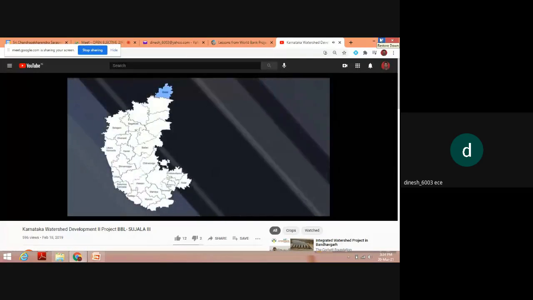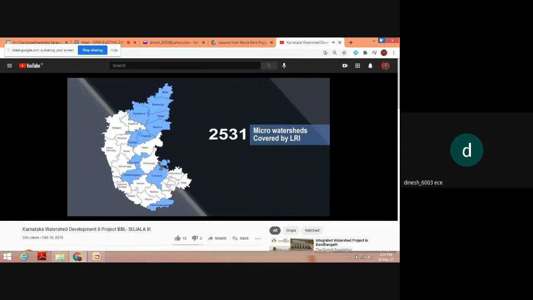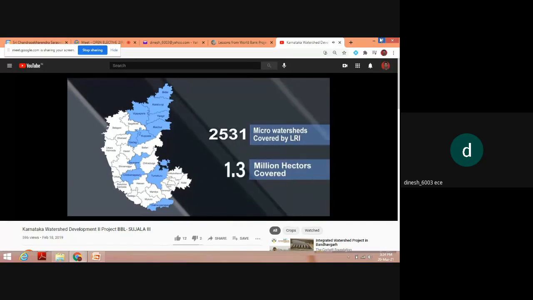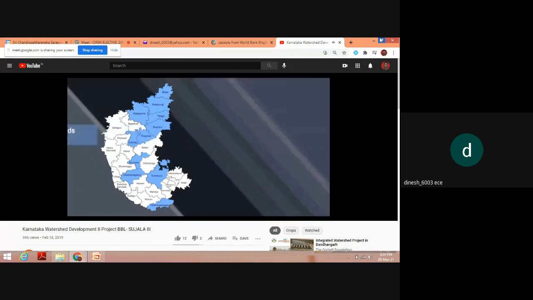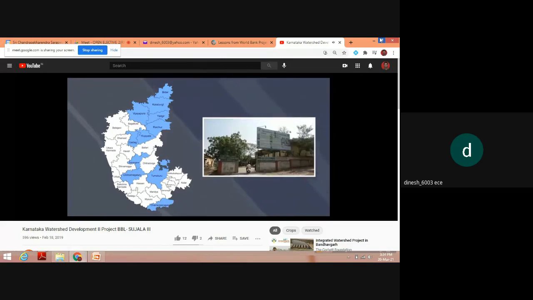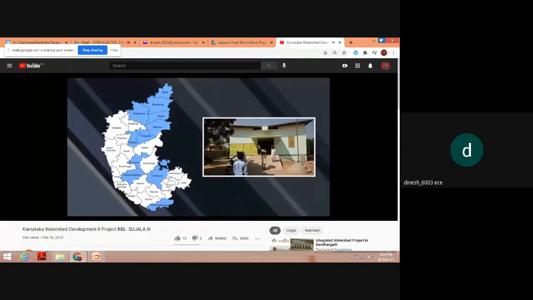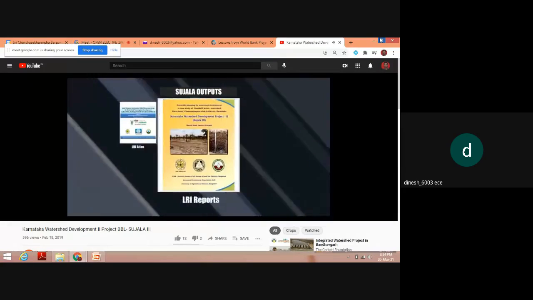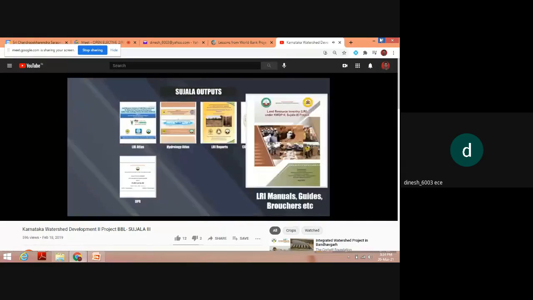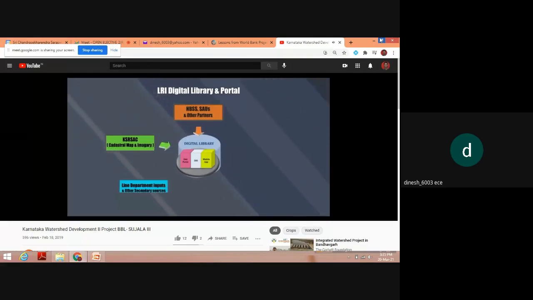The spatial and non-spatial database generated from 2,531 micro-watersheds, covering an area of about 13 lakh hectares, is made available to the Watershed Development Department, Horticulture, Agriculture, and other line departments, farmers, and other stakeholders in the form of LRI reports, atlas, CDs, DVDs, guides, brochures, LRI cards, etc., for dissemination of LRI information to all stakeholders and for developing decision support systems.